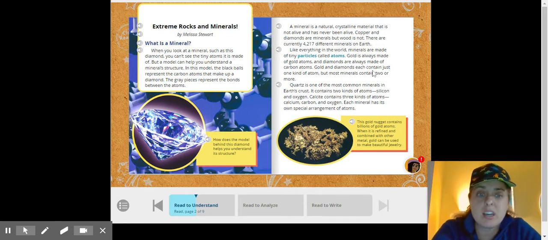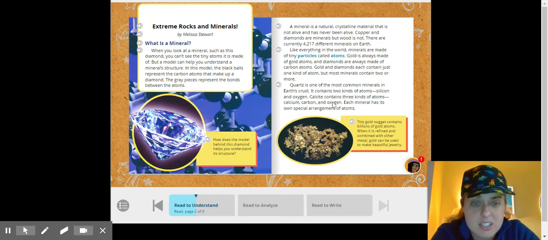Gold and diamonds each contain just one kind of atom, but most minerals contain two or more. Quartz is one of the most common minerals in Earth's crust. It contains two kinds of atoms, silicon and oxygen. Calcite contains three kinds of atoms, calcium, carbon, and oxygen. Each mineral has its own special arrangement of atoms.